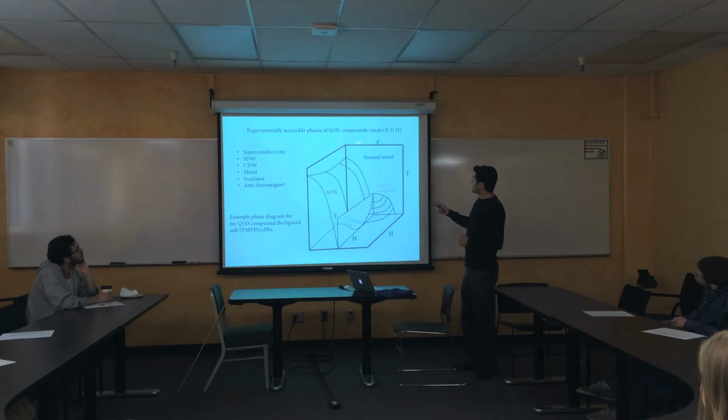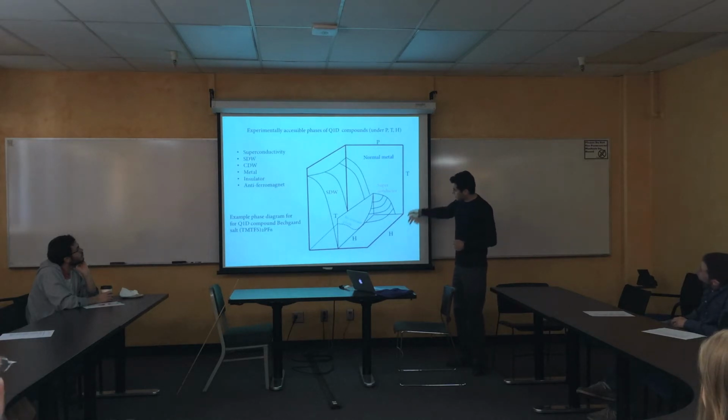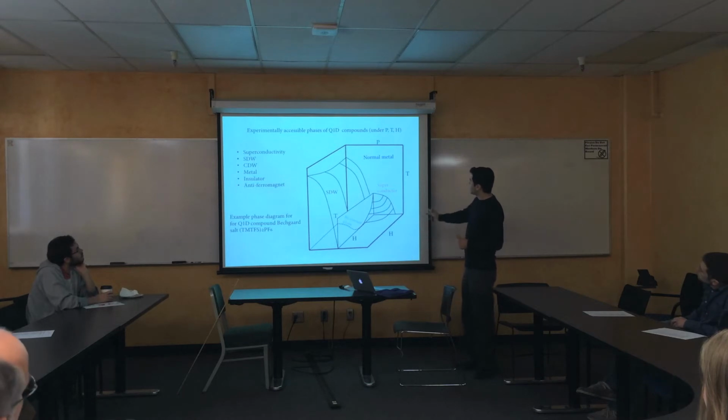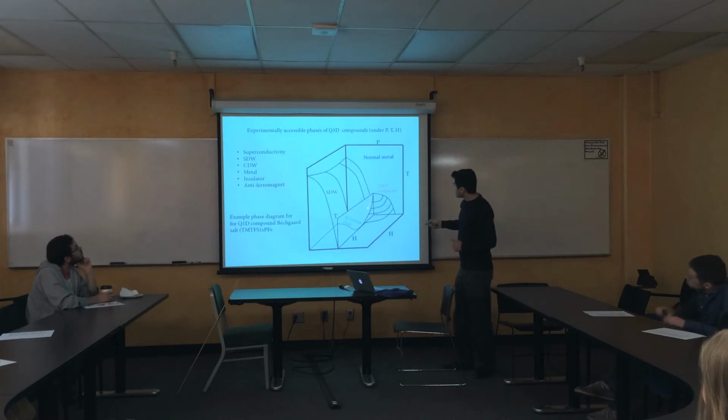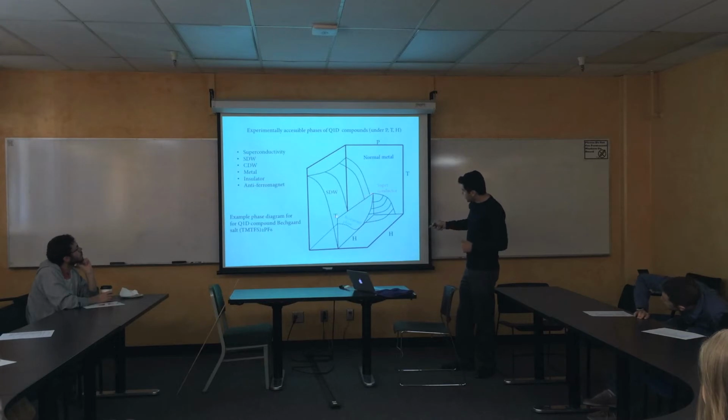And so these are the parameters that we vary. H increases this way out of the board, temperature increases up, pressure increases to the right. I want to focus on a slice of constant pressure that's drawn on this rectangle, which shows normal superconductivity and then the reentrant phase.